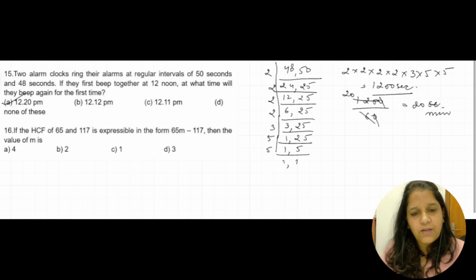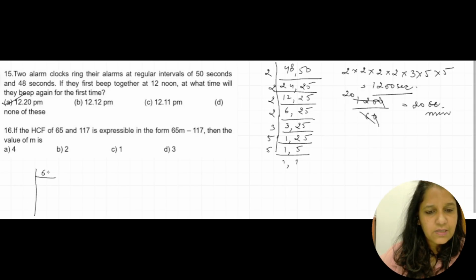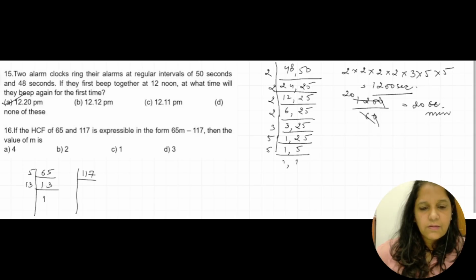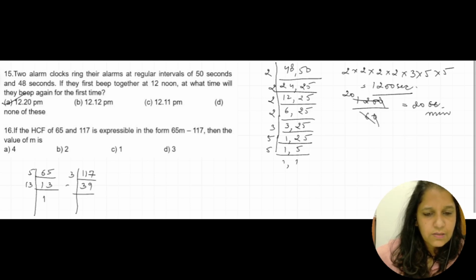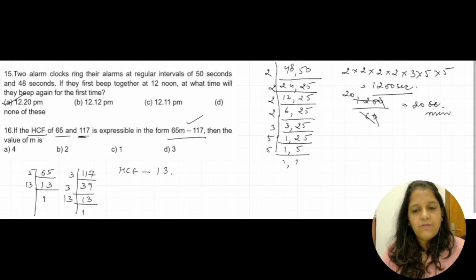If HCF of 65 and 117 is expressible in the form of 65m minus 117, find the value of m. To find this, first we have to find the HCF of 65 and 117. So how much is the HCF? HCF is equal to 13. It is given in the question that the HCF of 65 and 117 can be expressed in the form of 65m minus 117.